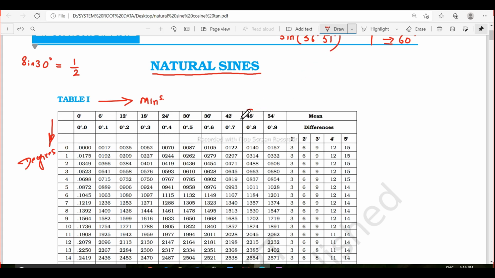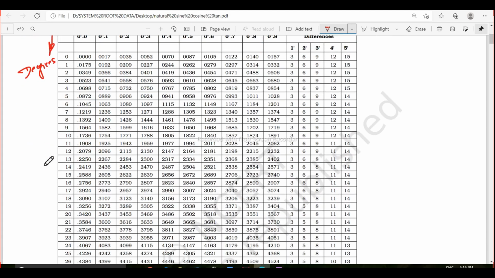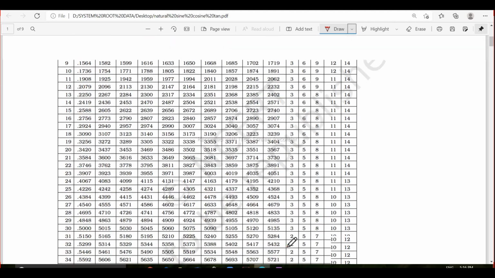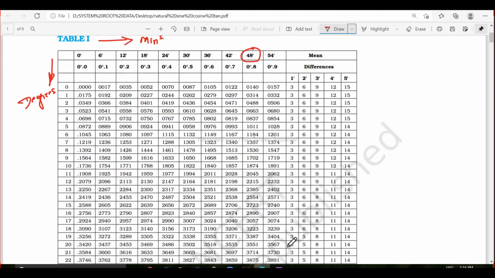So that is 48. In this table I'll go to 36 first, this is the line for 36, right? Just for understanding, we'll shade this. And from the top we'll see 48 minutes.